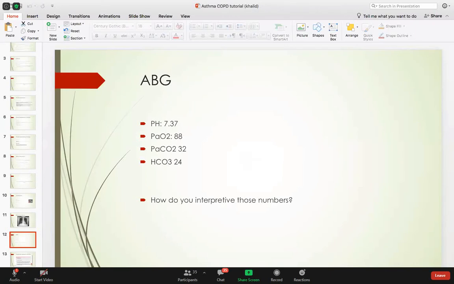Okay, guys, I need some answers. What do you see abnormal? Someone mentioned abnormal oxygen. Yeah, the oxygen is in the lower end of normal. That's correct. What else?